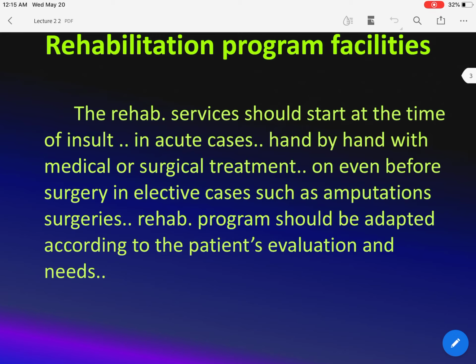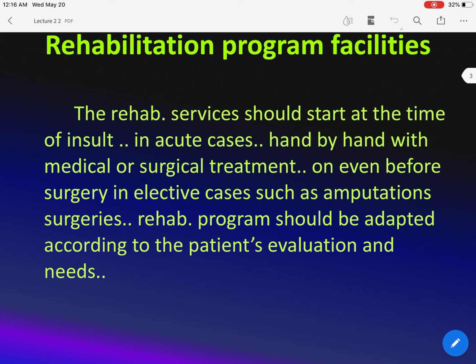In acute cases, hand by hand, 2 persons, hand by hand, means the rehabilitation team, rehabilitation man, physiotherapist man, must work with the medical or surgical treatment. Or even before surgery in elective cases, such as amputations, surgeries.